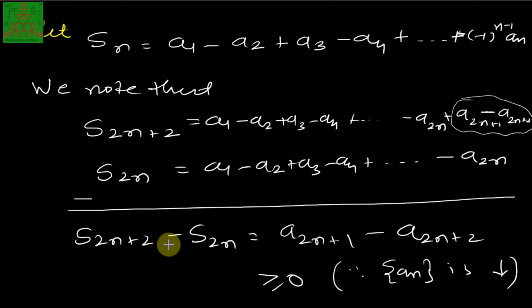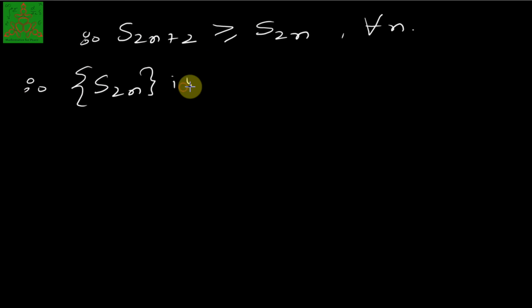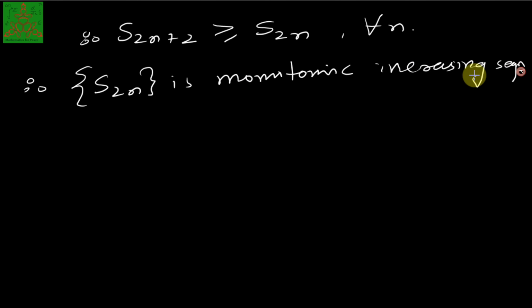Therefore S 2n plus 2 is greater than or equal to S 2n for every n. That means this sequence S 2n, the partial sum, is a monotonically increasing sequence.